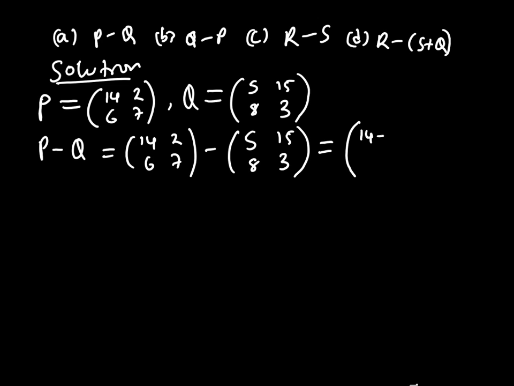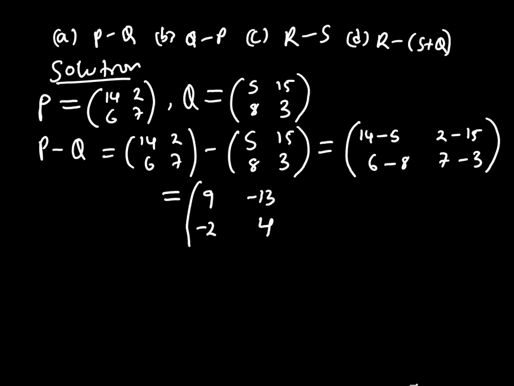So this is going to be 14 minus 5, then 2 minus 15, then 6 minus 8, then 7 minus 3. So P minus Q will be equal to 14 minus 5 is 9, and 2 minus 15 is negative 13, 6 minus 8 is negative 2, and then 7 minus 3 is 4. As simple as that, you have P minus Q.